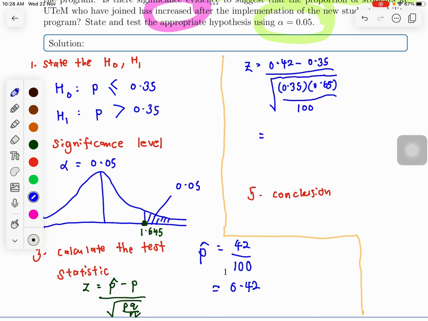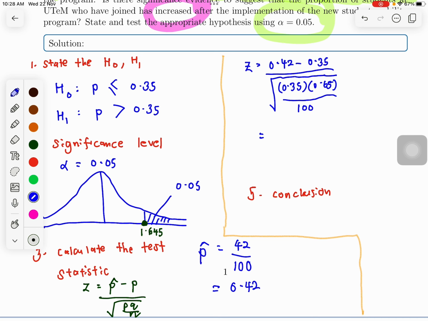test statistic. So let's count together. 0.42 minus 0.35, divided by the square root of 0.35 times 0.65 divided by 100.